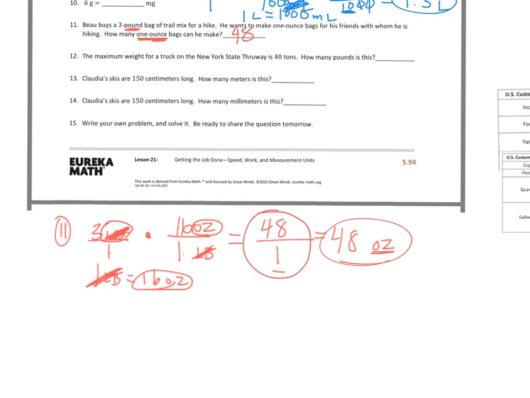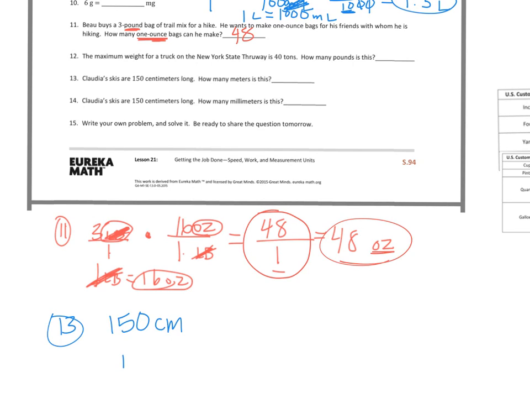And the last one we'll take a look at, we'll do 13. Claudia's skis are 150 centimeters long. And it says how many meters is this. So the first thing we have to do is figure out centimeters to meters.